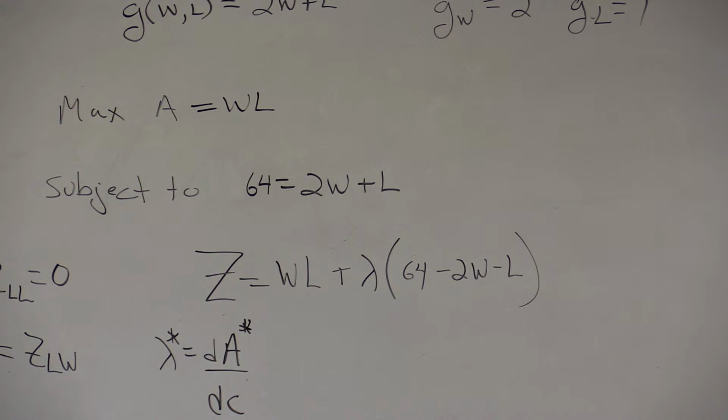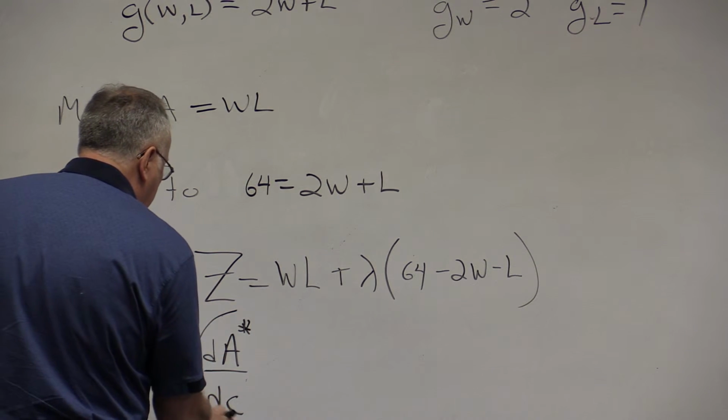So in other words, this means, roughly speaking, approximately, if you had 1 more foot of fencing, how much extra area would you get? Yes, you would get 16 extra square feet of area if you have 1 more foot of fencing. Now that's an approximation, but that should be approximately right.